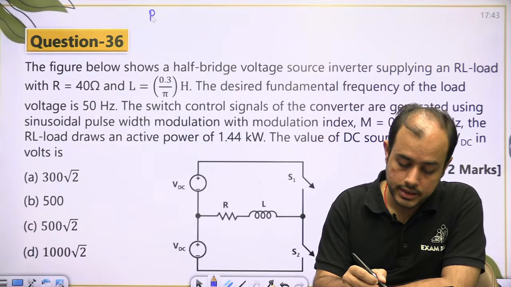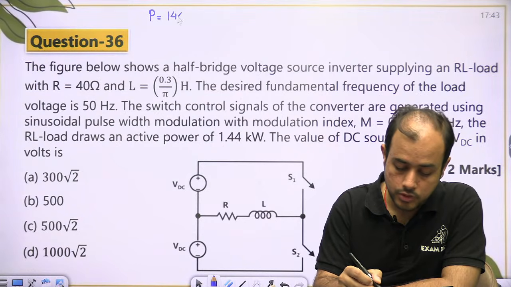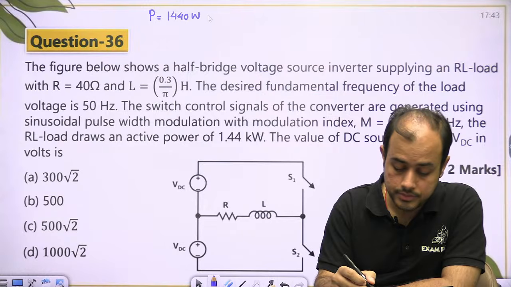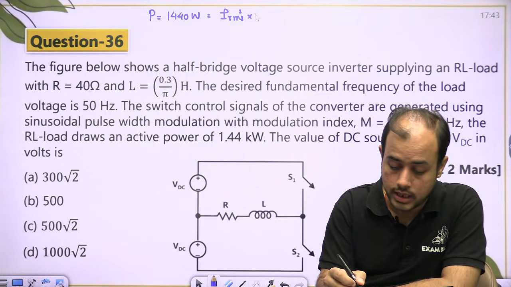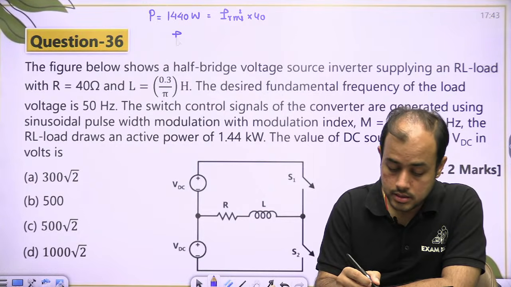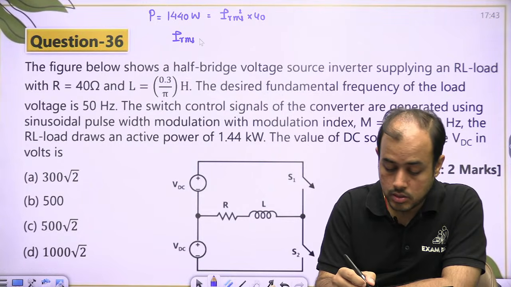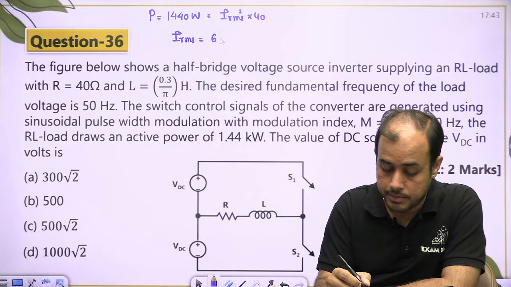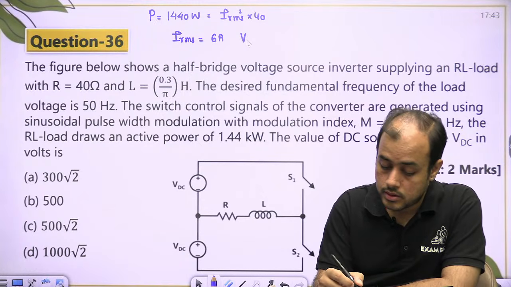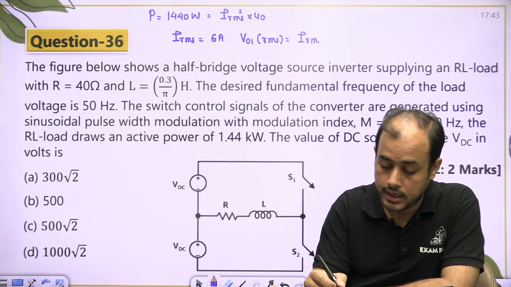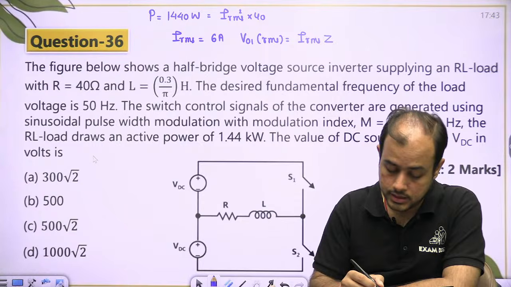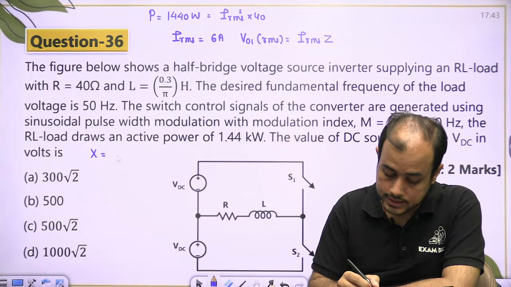देखो, power is 1440 watt, which is IRMS square into R. IRMS is 6 ampere. So fundamental RMS is IRMS into Z. Now what is X?